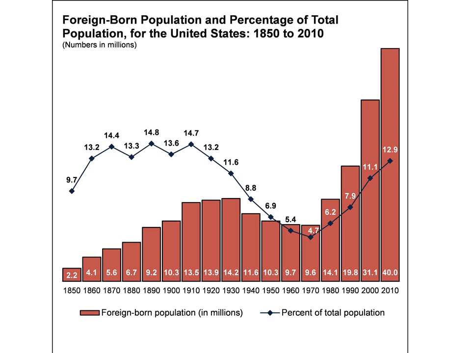And now it's back up to 12.9%. So you can see that there are changes in the immigration patterns into the United States. This slide includes both immigrants who moved here legally and those who are undocumented.